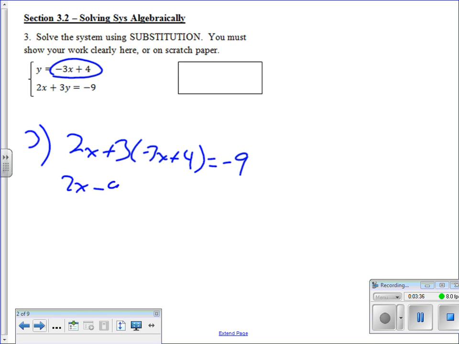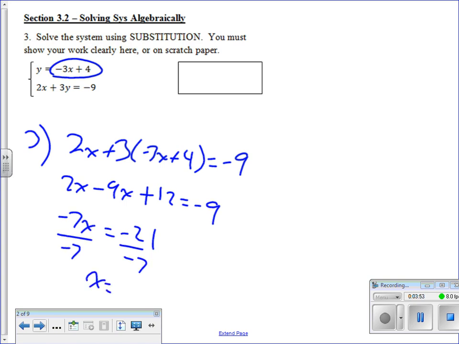2x minus 9x plus 12 equals -9. -7x equals -21. Divide by -7. x equals -3. Sorry, positive 3. So x equals 3.